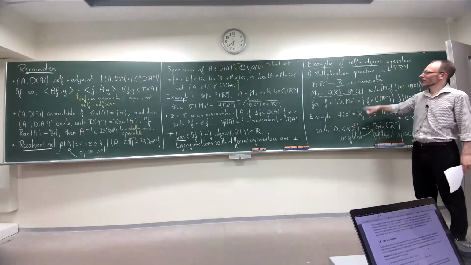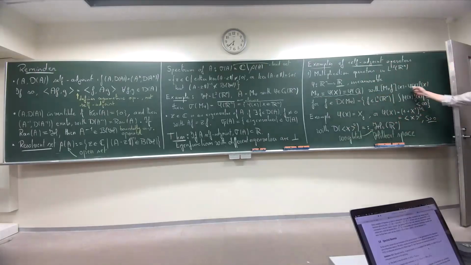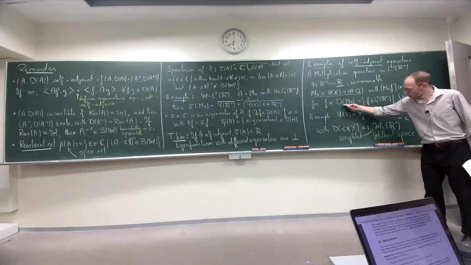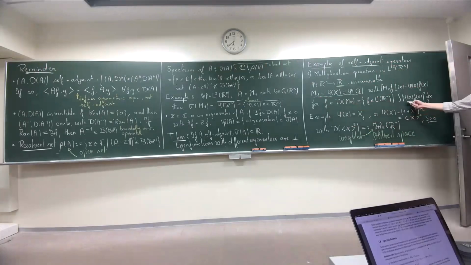So there are different notations for multiplication operators, either M phi, which is the one I use, or phi of X or phi of Q. This is more from the physicists. I recall how it acts. Now, I define a domain. The domain is the set of f in the Hilbert space such that M phi f is also in L2.